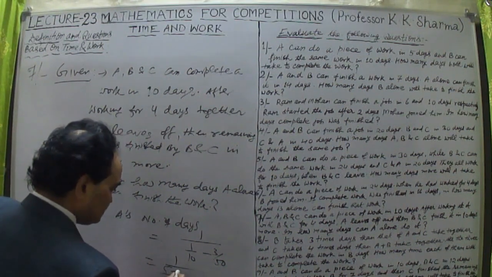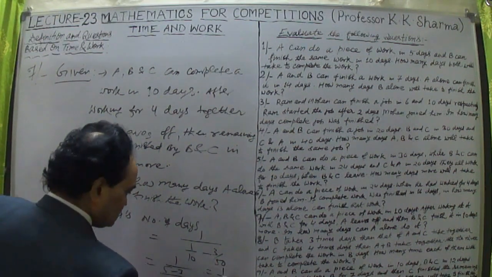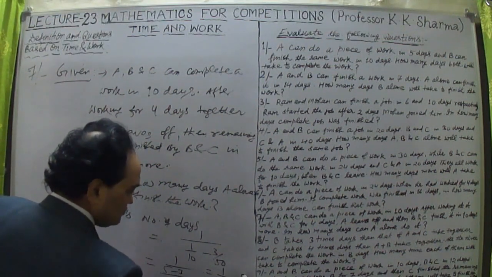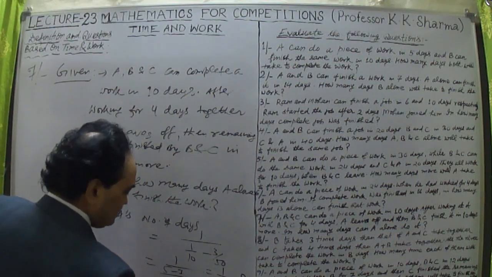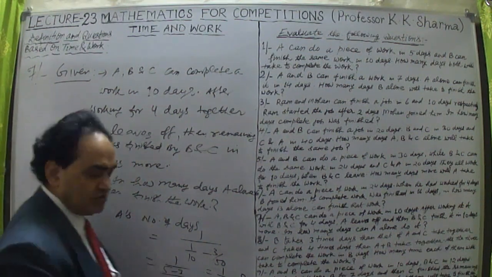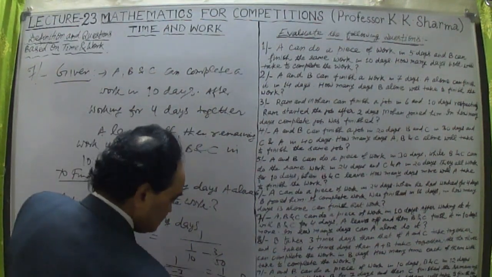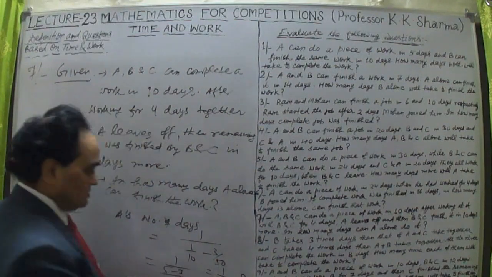This is 5 minus 3, so this is 1 upon 2 upon 50, that means 50 upon 2, which is 25. So 25 days will be taken by A alone. So A alone can complete the work in 25 days. This is the answer here.